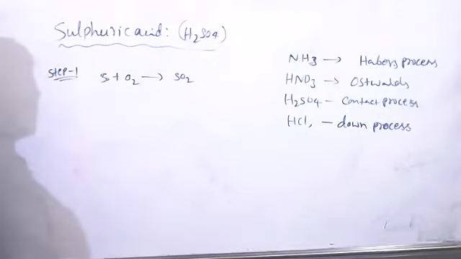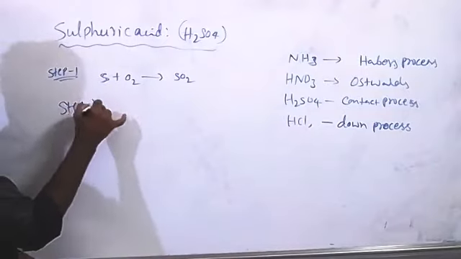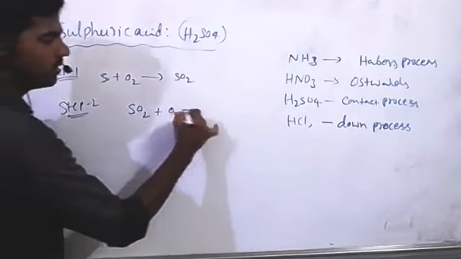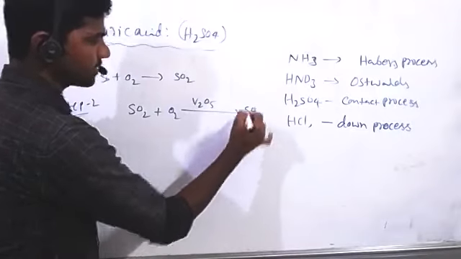Collecting sulfur dioxide. Step two is conversion of sulfur dioxide to sulfur trioxide by reaction with oxygen in the presence of the catalyst vanadium pentoxide. This is the major reaction involved in sulfuric acid synthesis. The obtained sulfur dioxide is oxidized in the presence of vanadium pentoxide to give sulfur trioxide.